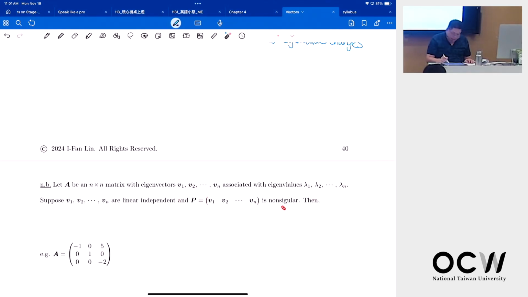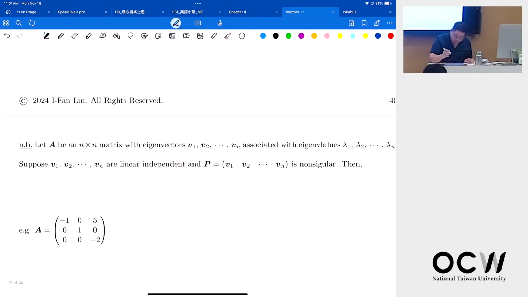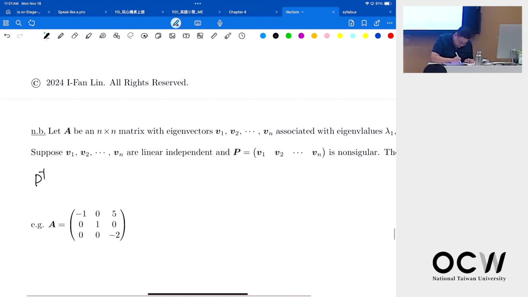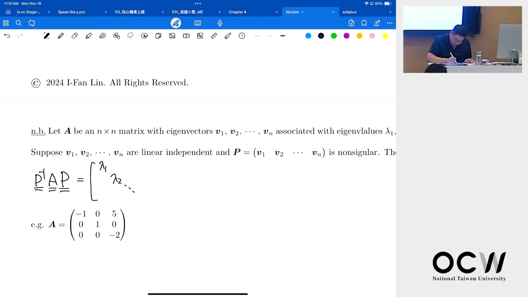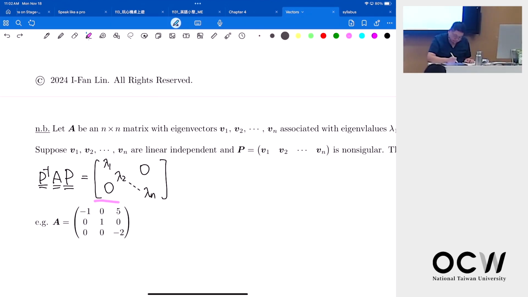And then P inverse A P will be the matrix with lambda 1, lambda 2 to lambda n on the diagonal, and the off-diagonal entries are 0. This is a diagonal matrix D.